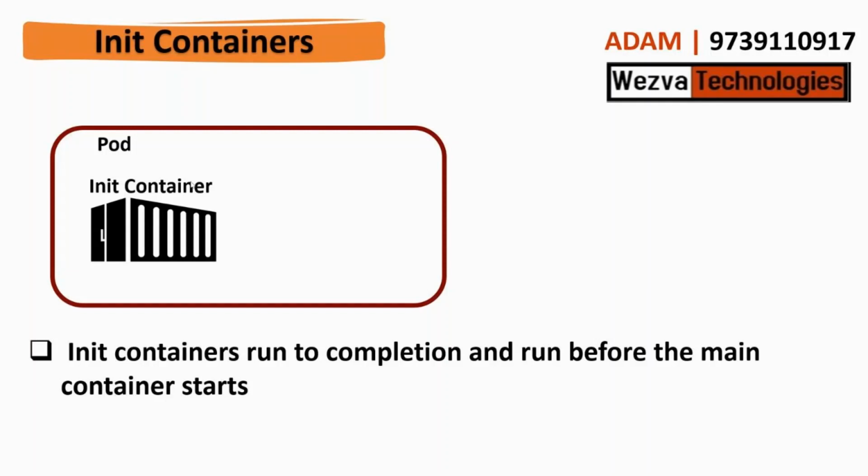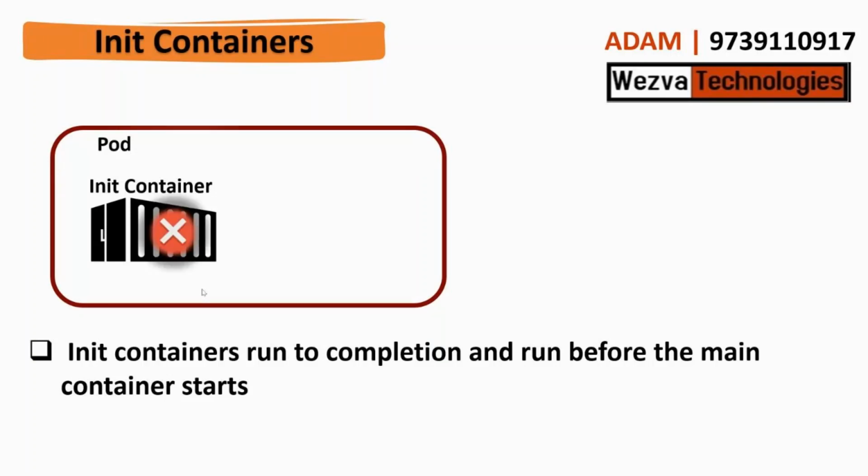Then what happens? Now, init containers are designed in such a way that they will run the tasks whatever you want only once. And we know that in a container, if there is no command or process running, the container will get stopped. And that is where, as soon as the task you have given is completed inside the container, the init container will get stopped and it gets deleted.